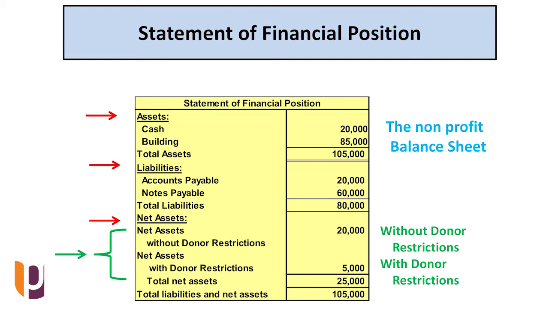Net assets with donor restrictions may be permanently restricted. Permanently restricted net assets are expected to remain restricted for as long as the organization exists. Income from these assets is normally unrestricted based on the specifications of the donor.